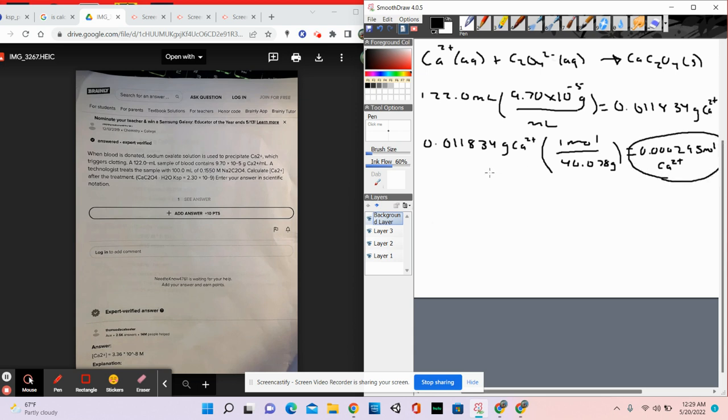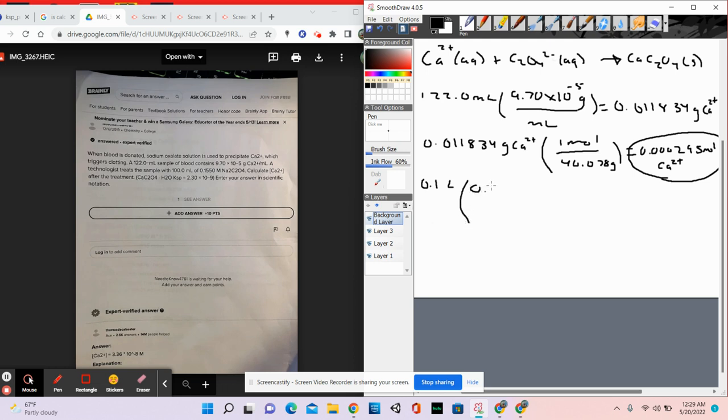Now, we want to find how much oxalate we have. It says we have 100 milliliters of 0.1550 moles per liter of sodium oxalate. We can change that 100 milliliters to 0.1 liters, so it works out nicely.